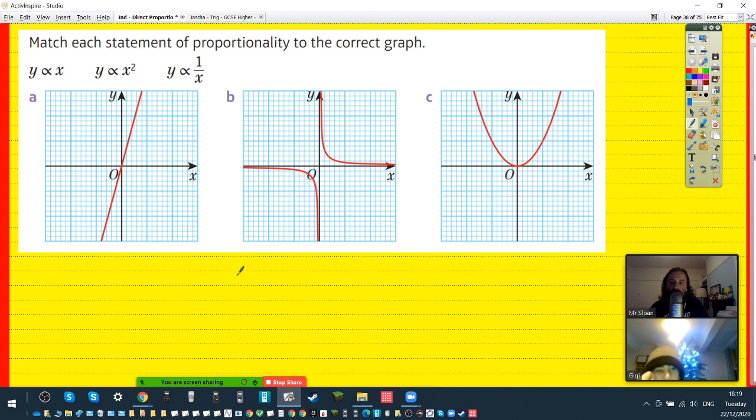First one matches with C. That is, I'm not sure. So that's going to be similar to y equals kx. The second one is like y equals kx squared.